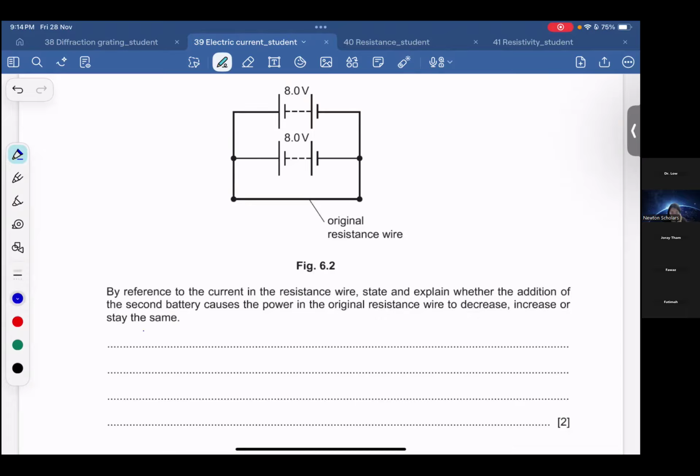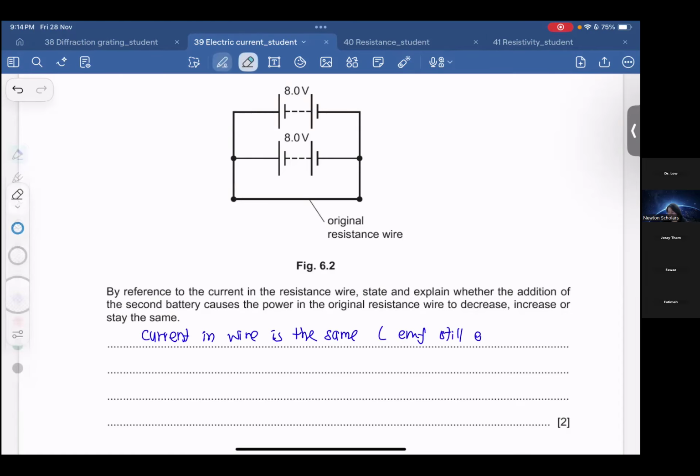Okay, so here, write it down. Current in wire is the same. The EMF is still 8.0 volt. The total EMF is still 8.0 volt.